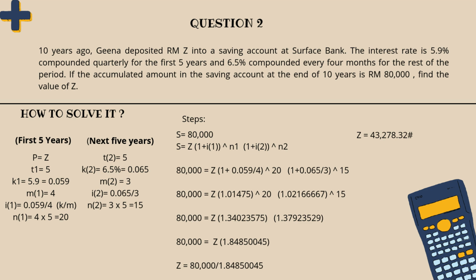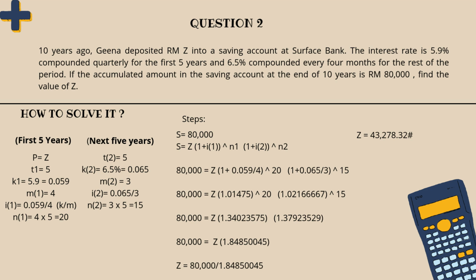Calculating the exponents, the equation changes to 80,000 equals Z times 1.34223575 in bracket times 1.37623529 in bracket, which simplifies to 80,000 ringgit equals Z times 1.84850045 in bracket.